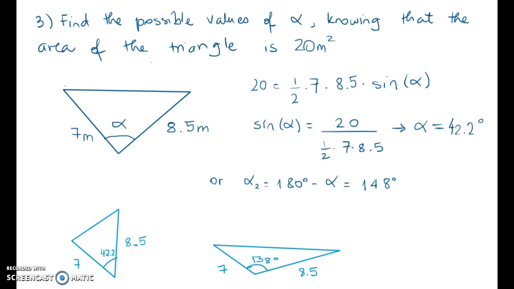But the difference between the two of them is that between those two known sides, in one of them there is an angle of 42.2 degrees, so it's an acute triangle, and in the other one there is an angle of 138 degrees, so it's an obtuse triangle. But since the sine of those two angles is the same, the area of the triangle is the same. And then we have two possible solutions for our problem.